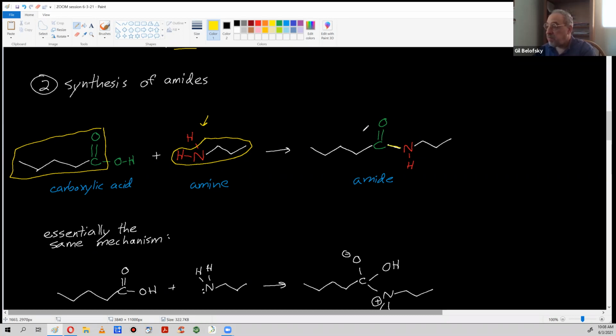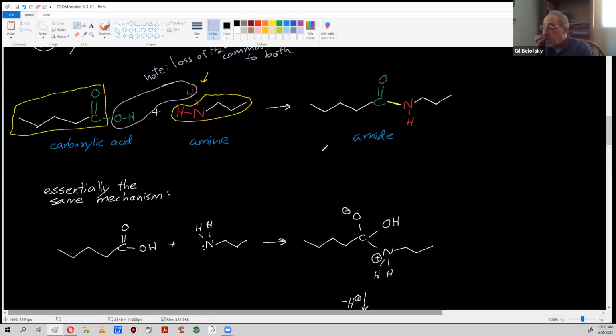There's the new bond that got formed. Notice that in both esterification type reactions, there's loss of water. Loss of H2O, common to both. So that's another way of recognizing another aspect of this kind of reaction.